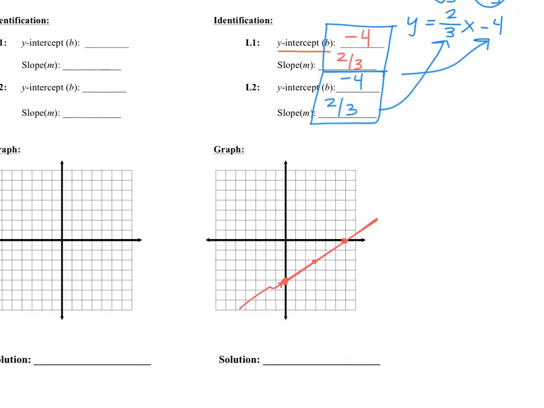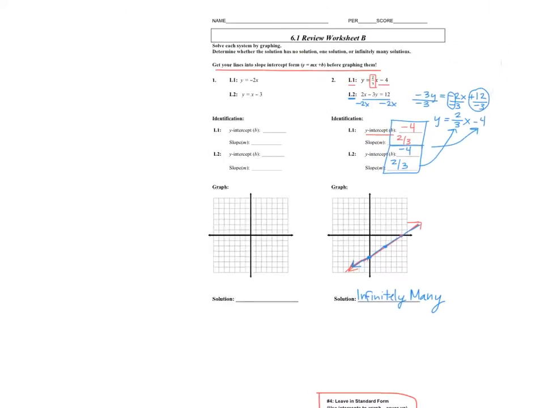Ooh, my ruler moved on me. Now, if I were to plot my blue line, it's exactly the same. Y-intercept of -4, up 2 over 3, draw your line in. Because they're the same line, that's when we say we have infinitely many solutions, because every point will work in both of those equations. Okay, so that's infinitely many. So that's the first one.